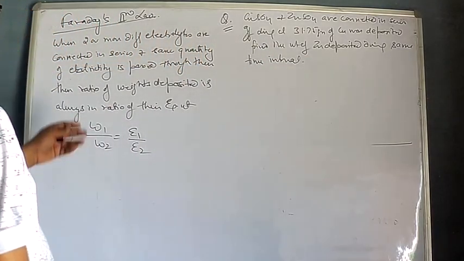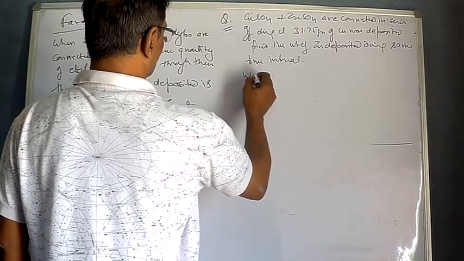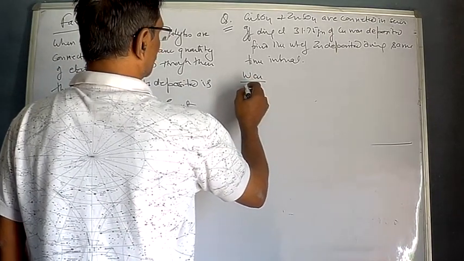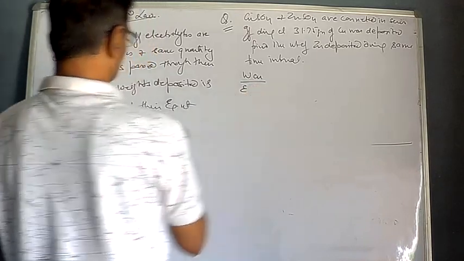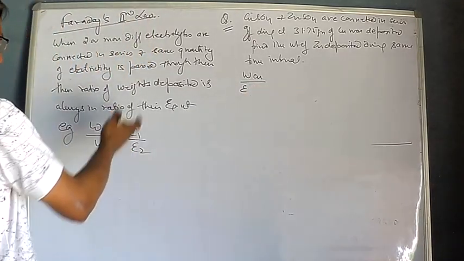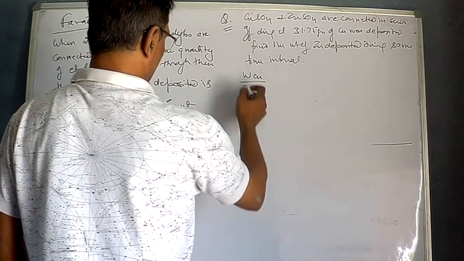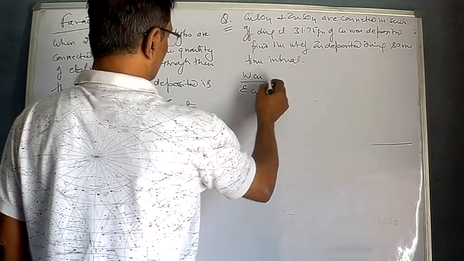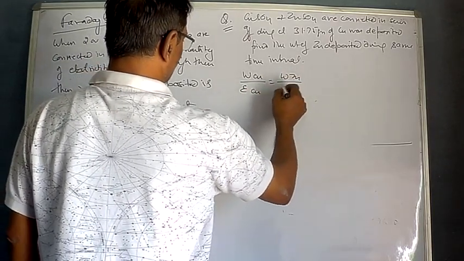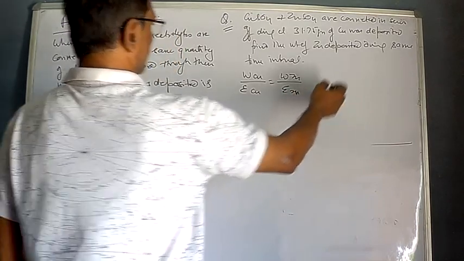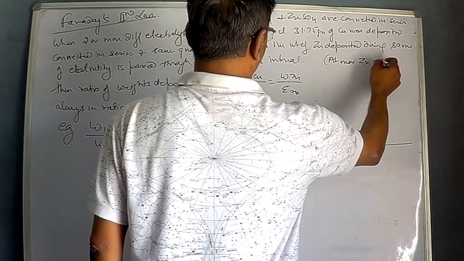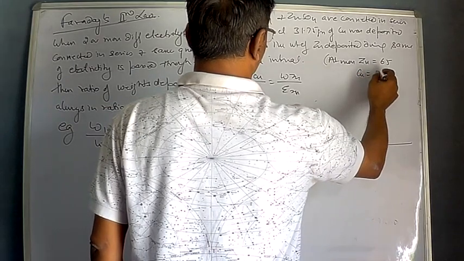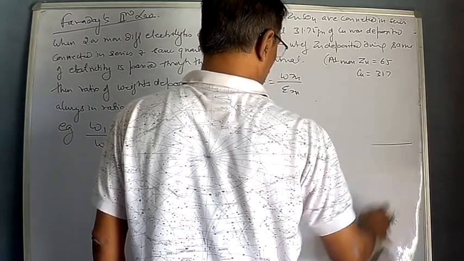So class, as per Faraday's second law, we can write W copper upon E copper equals W Zn upon E Zn. Atomic mass of Zn equals 65 and copper equals 63.5.